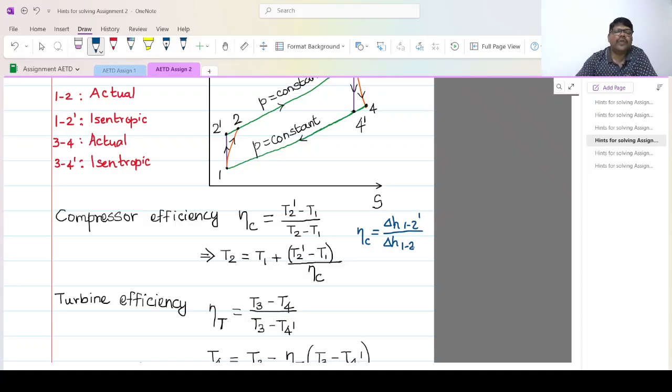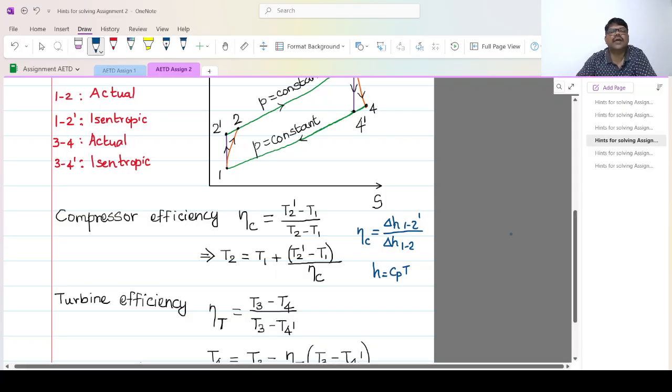So how do we get this expression for eta C in terms of temperature? In the numerator you have delta H and in the denominator also you have delta H. If I replace each H with Cp times temperature, and cancel out all the Cp's, because we assume that the Cp's are constant, air being a perfect gas, I will get eta C equal to (T2 dash minus T1) divided by (T2 minus T1).